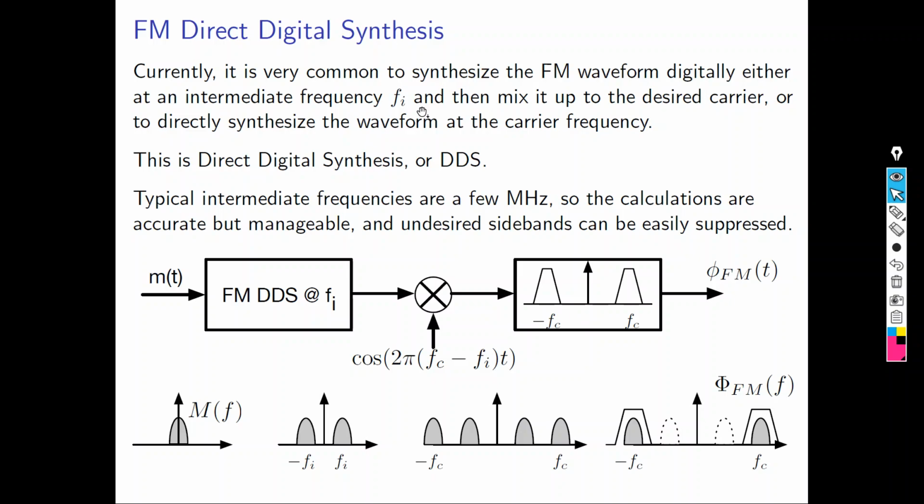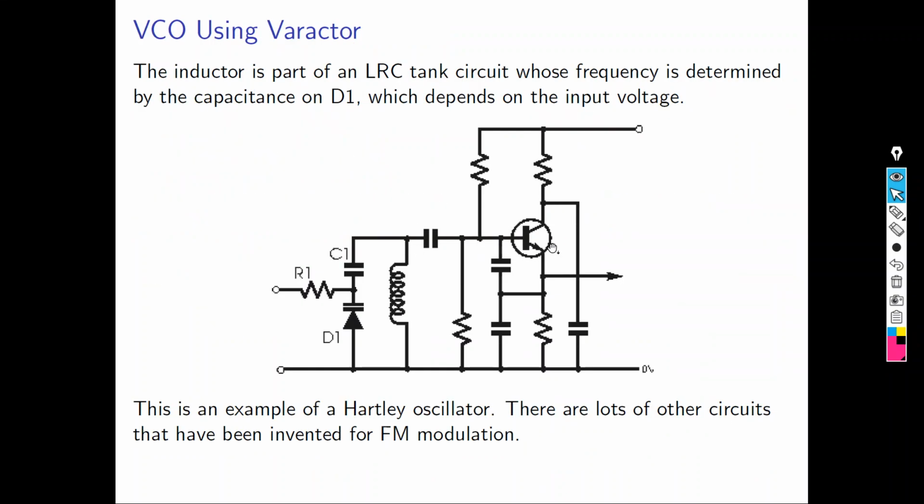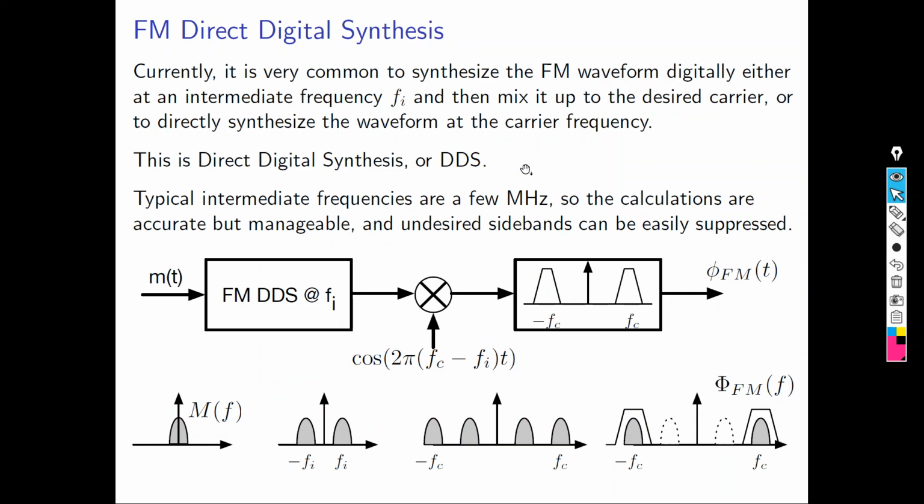Currently, it's very common to generate the FM waveform digitally, either at an intermediate frequency and then mix it up to the desired carrier, or to directly synthesize the waveform at the carrier frequency. This circuit is analog, but basically you can also design it in digital. If you have a software-defined radio or USRP device, as the ones you have seen maybe in the communication lab, you can build your FM transmitter by software, LabVIEW or MATLAB.